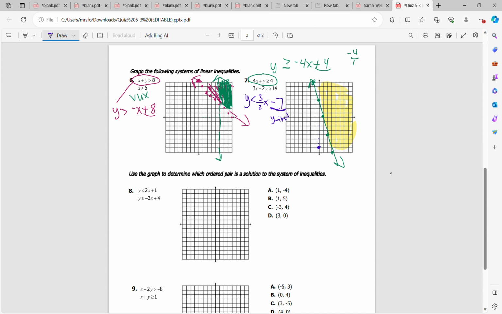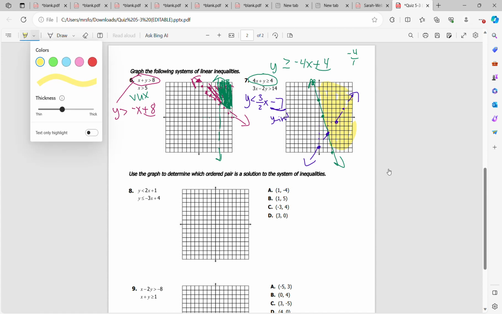And the 3 over 2 tells me to go up 3 over 2. Up 3 over 2. And this is a dashed line. So I do better with dashed lines on this.